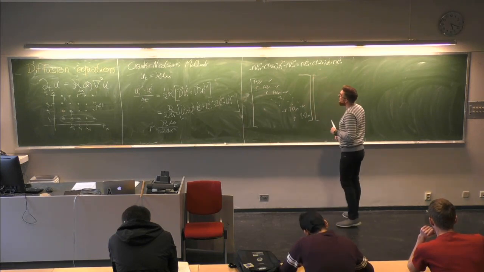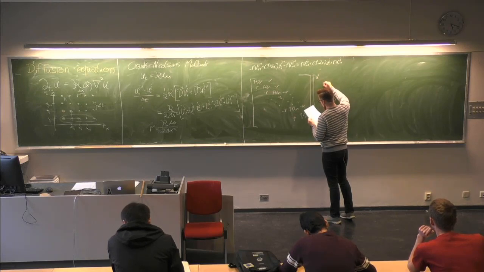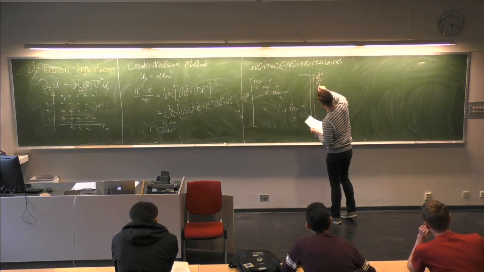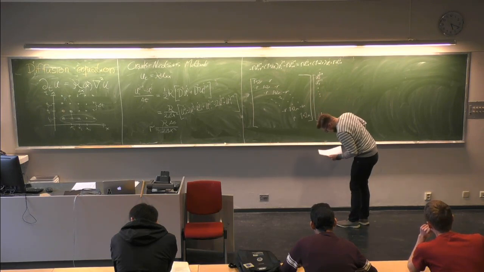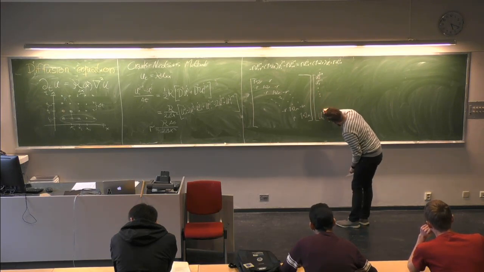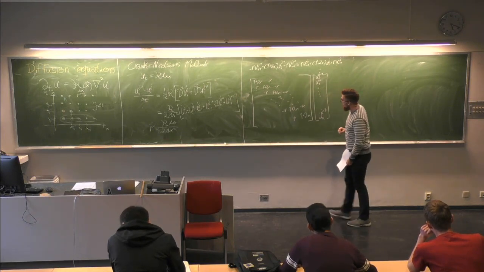Then we have all of these u's, u_0 at j plus 1, u_1 at j plus 1, up to u_n at j plus 1. That's the left-hand side.